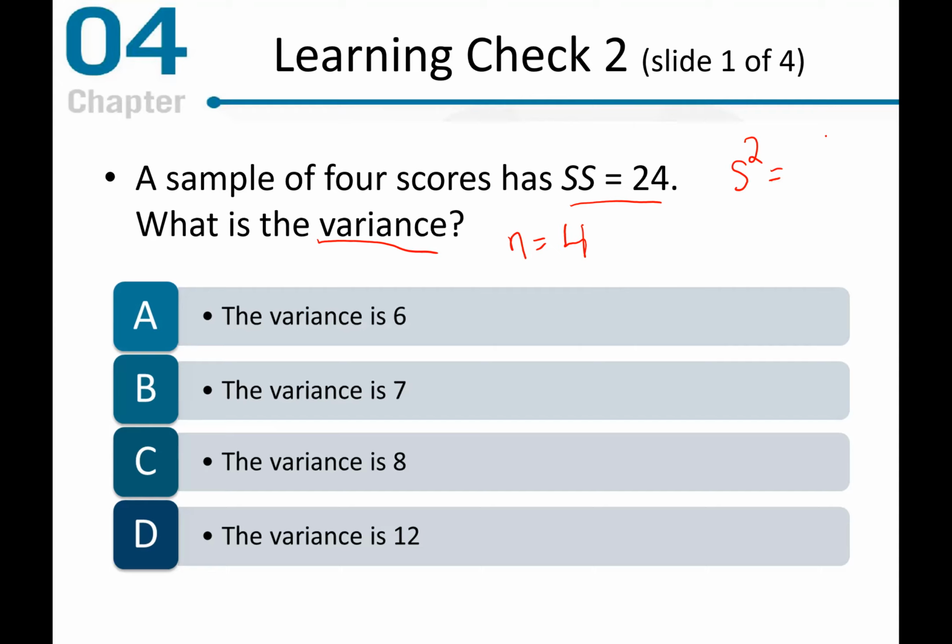The formula for that is the sum of squares divided by the number of scores that we have in a sample minus 1. So that's going to be 24 divided by 4 minus 1, which is 3. So 24 divided by 3 gives us 8, right? So our sample variance is 8.